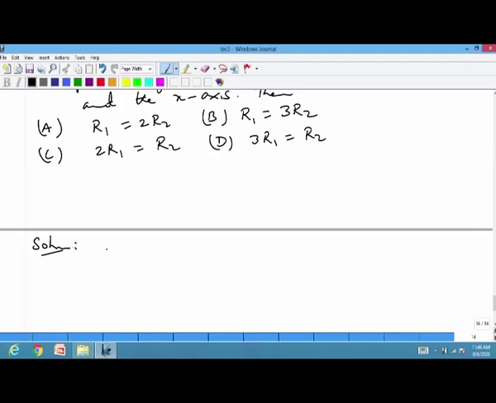So, let us write what is R 1. R 1 is given by integral from minus 1 to 2 of x times f x dx. Now, we will use the fact that it is given that f of x is same as f of 1 minus x. So, this is equal to integral minus 1 to 2 of x times f of 1 minus x dx.